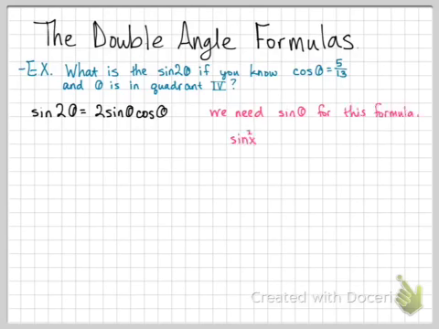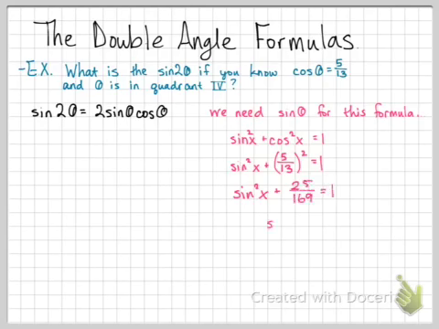Since sine and cosine will fit the identity that sine squared plus cosine squared equals 1, we can exploit this fact and fill in what we know to figure out our unknown variable. So I put 5/13 in for cosine, and now I'm going to need to square it.